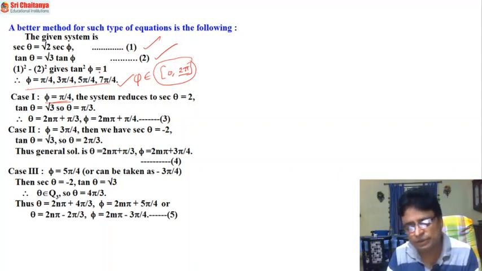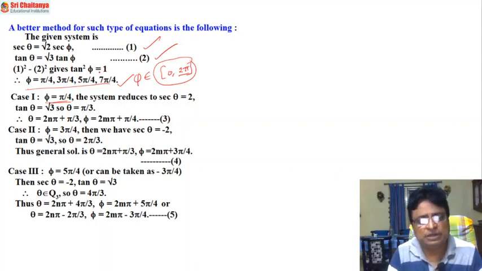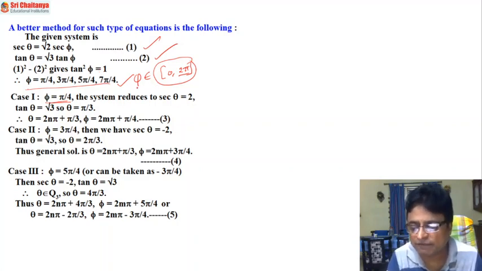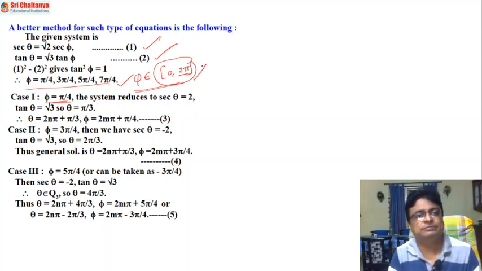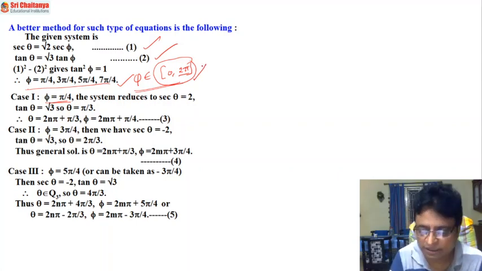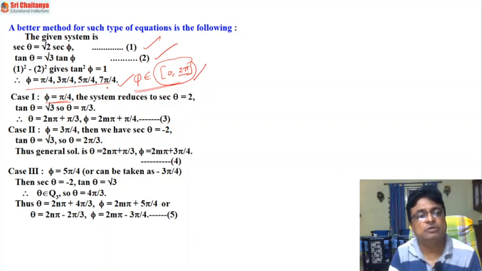Whenever this kind of equations are given to you, you eliminate one variable, either theta or phi. I have eliminated theta, so I got phi. What I am doing now? I am finding the values of phi in the closed interval 0, 2 pi only. How many values did I get? I got 4 values.